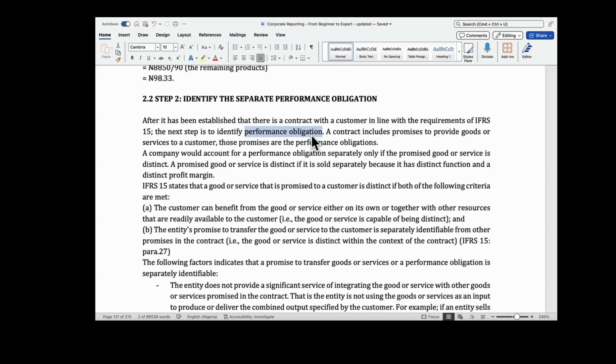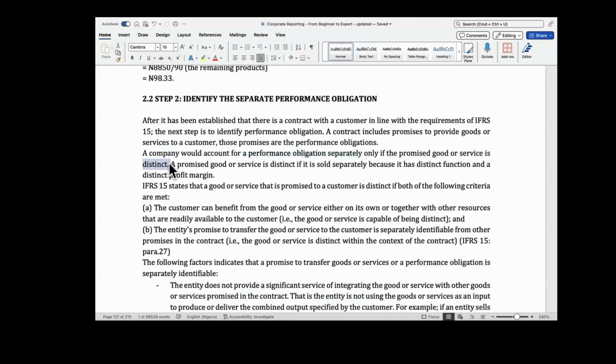And when you are recognizing revenue, what you account for is, of course, the goods or services, the performance obligation you are providing or transferring, but you account for each good separately only if those goods are distinct.